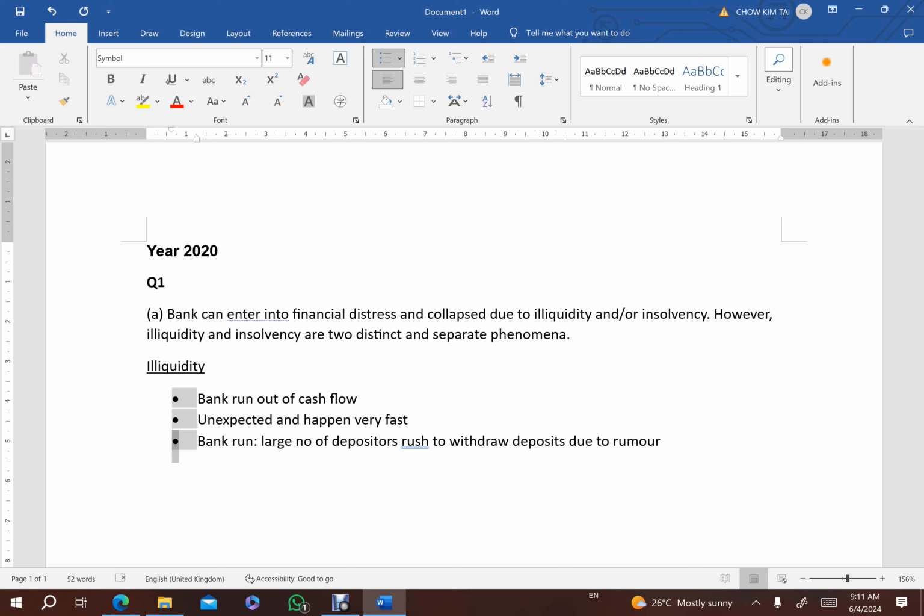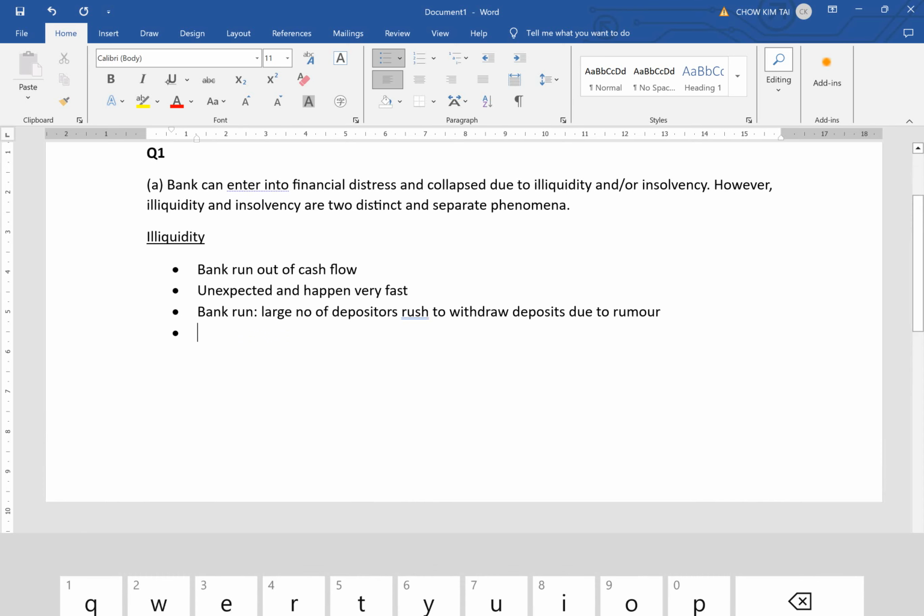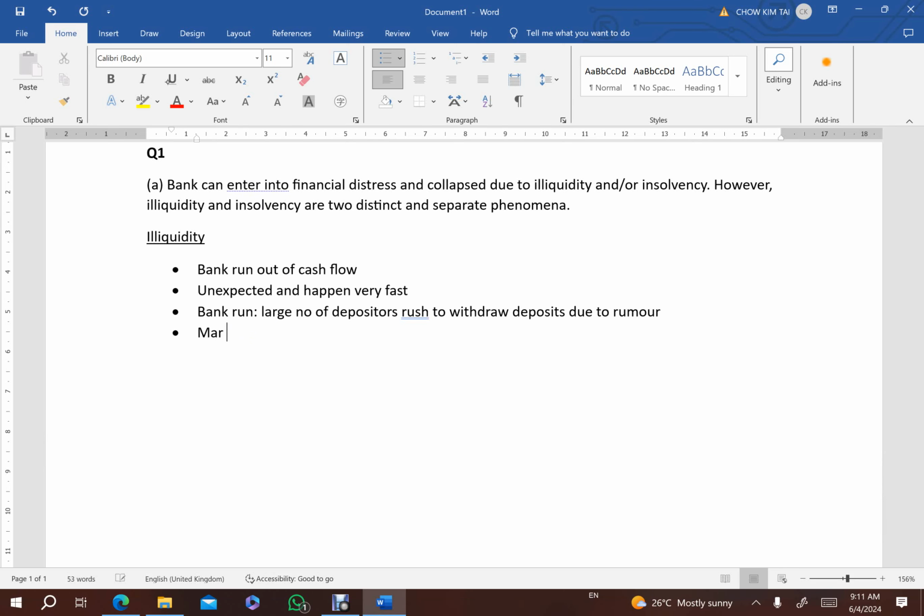You give an example, like what happened in March 2023, the SVB, Silicon Valley Bank. Overnight, just one night, the bank was almost empty of cash. Before that, everything was quiet. Suddenly, there's a panic. So that's illiquidity. The bank runs out of cash.